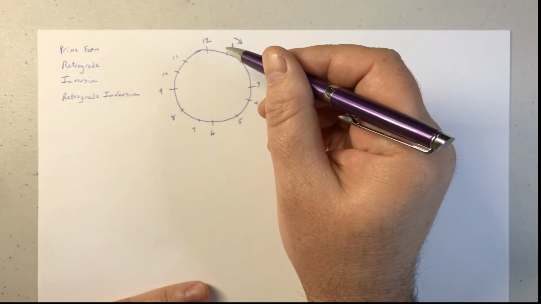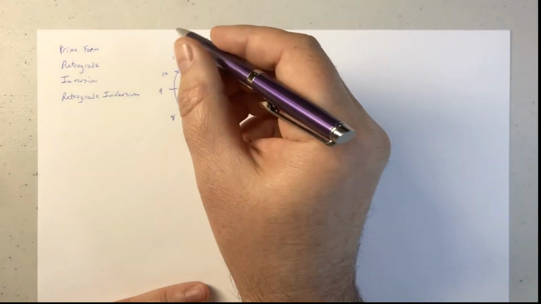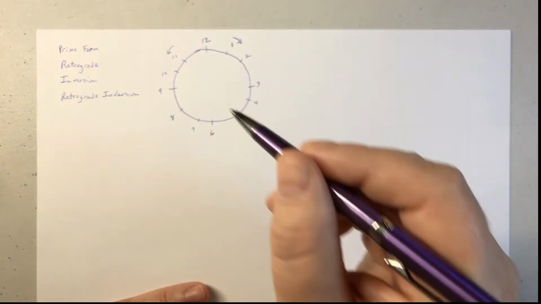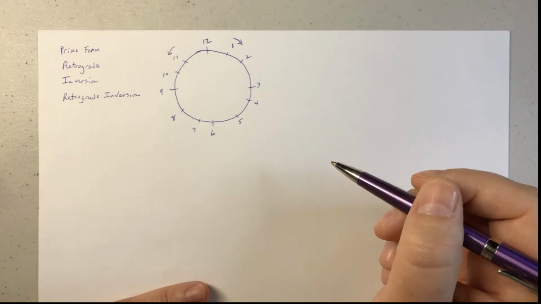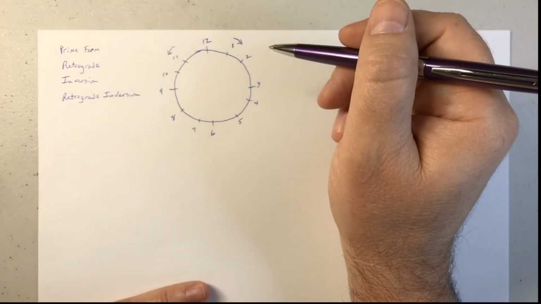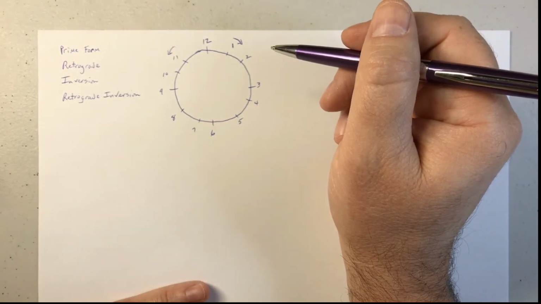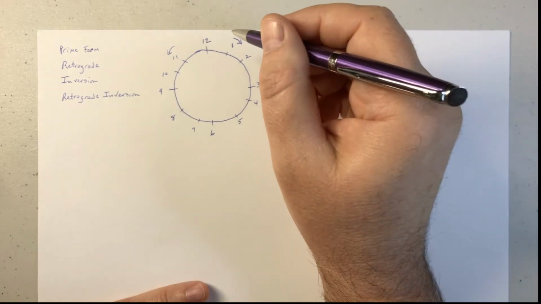If we wanted to use the retrograde version of that row, we would simply go in the counterclockwise direction. If we wanted to find the inversion of some interval within the row, we would do the following process.